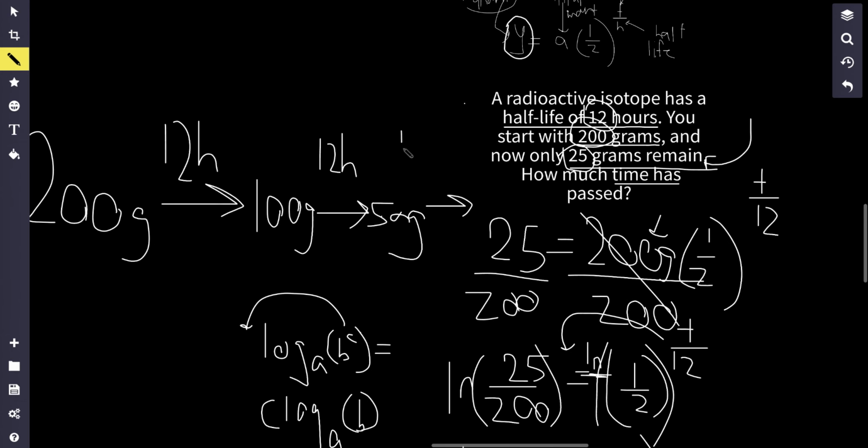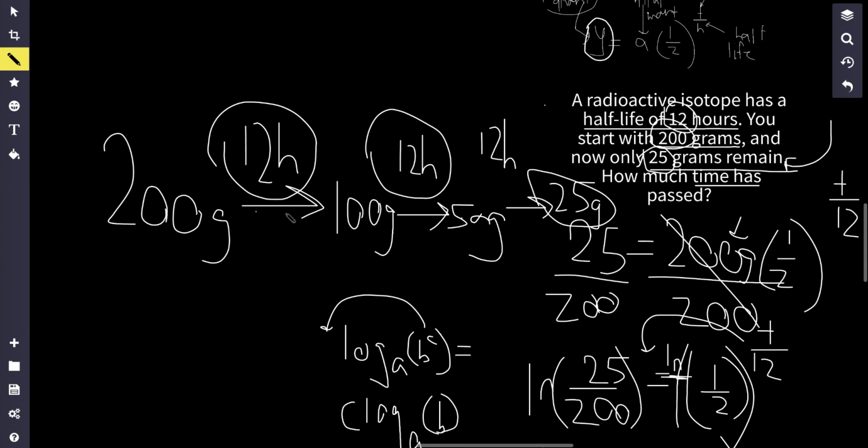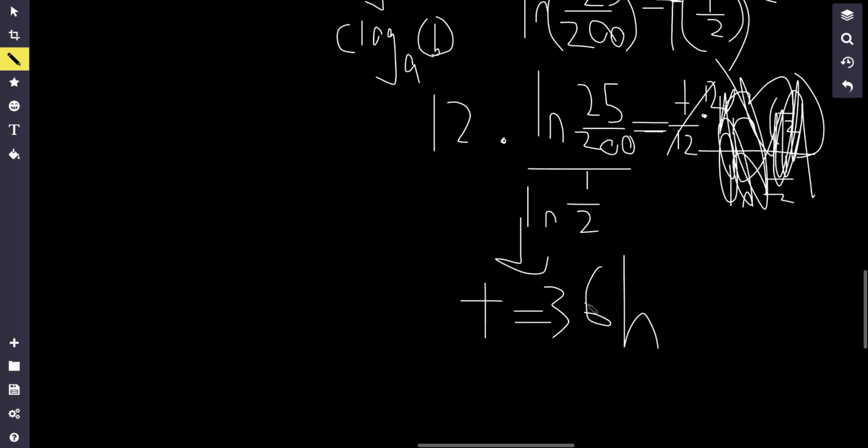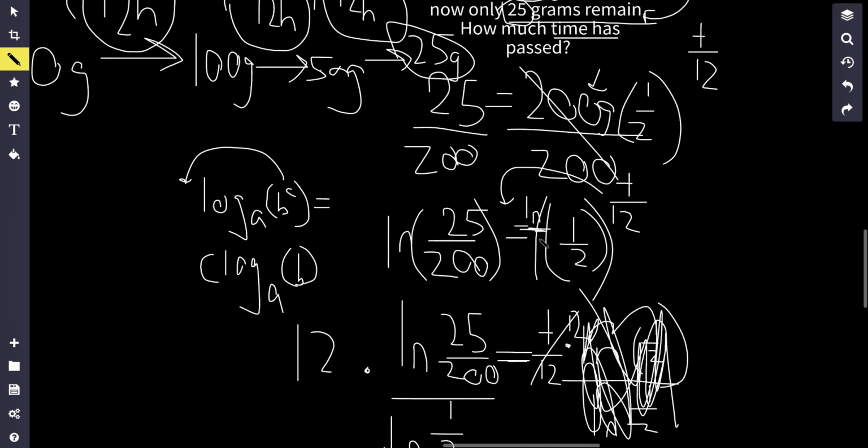And after a final 12 hours, we're left with 25 grams. So it underwent 3 half-lives: one brought it to 100 grams, then another to 50, and the final one to 25. Each half-life takes 12 hours, so 3 times 12 is 36, which is also what we got here.